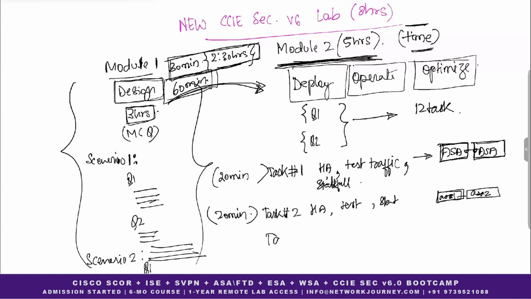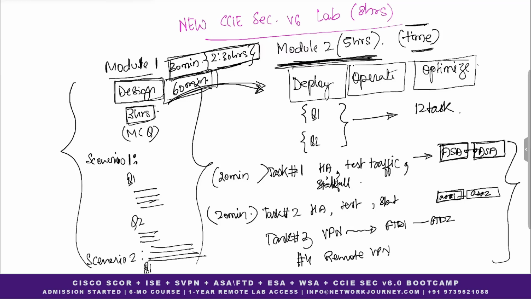Now the task three is you're configuring VPNs. Let's say you're configuring a site-to-site VPN between FTD1 to FTD2. Maybe task four is you're configuring a remote VPN, right? So this is how the topics are for deploy, operate, optimize.